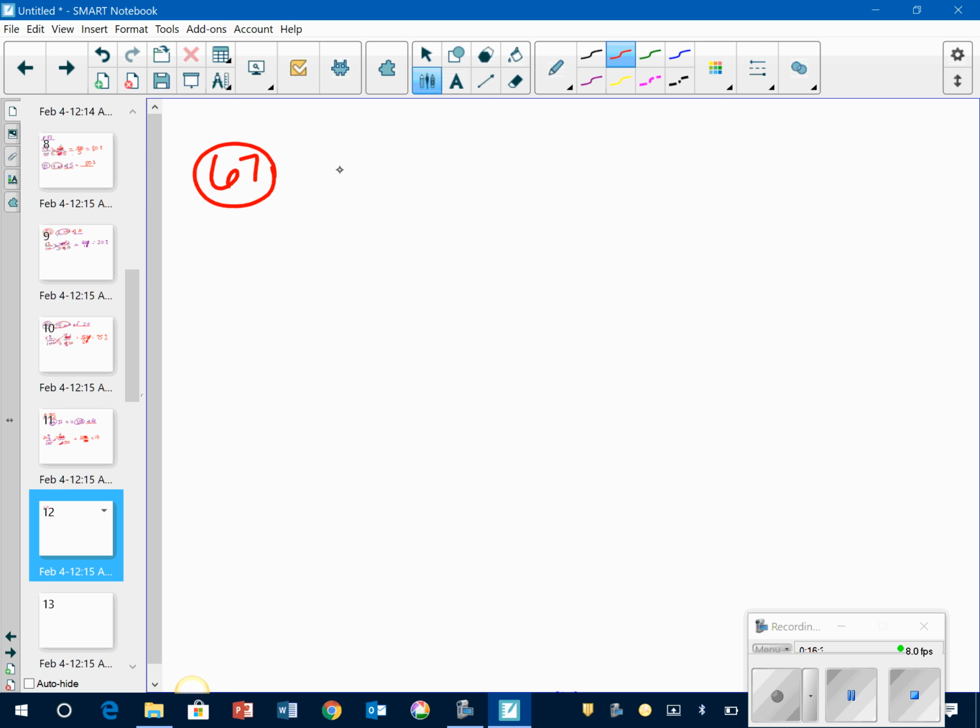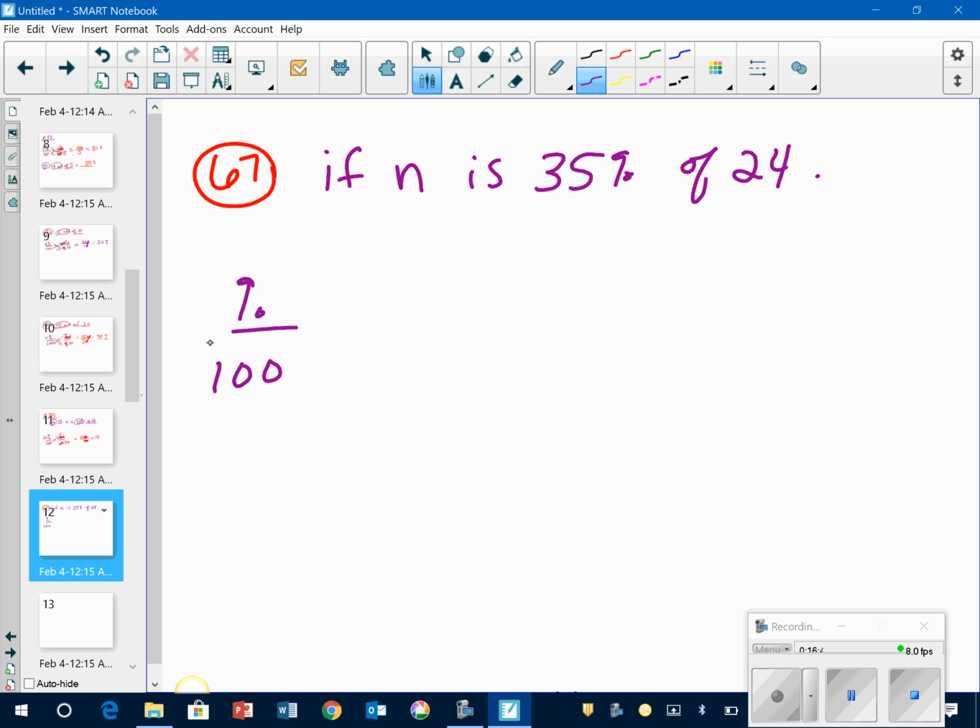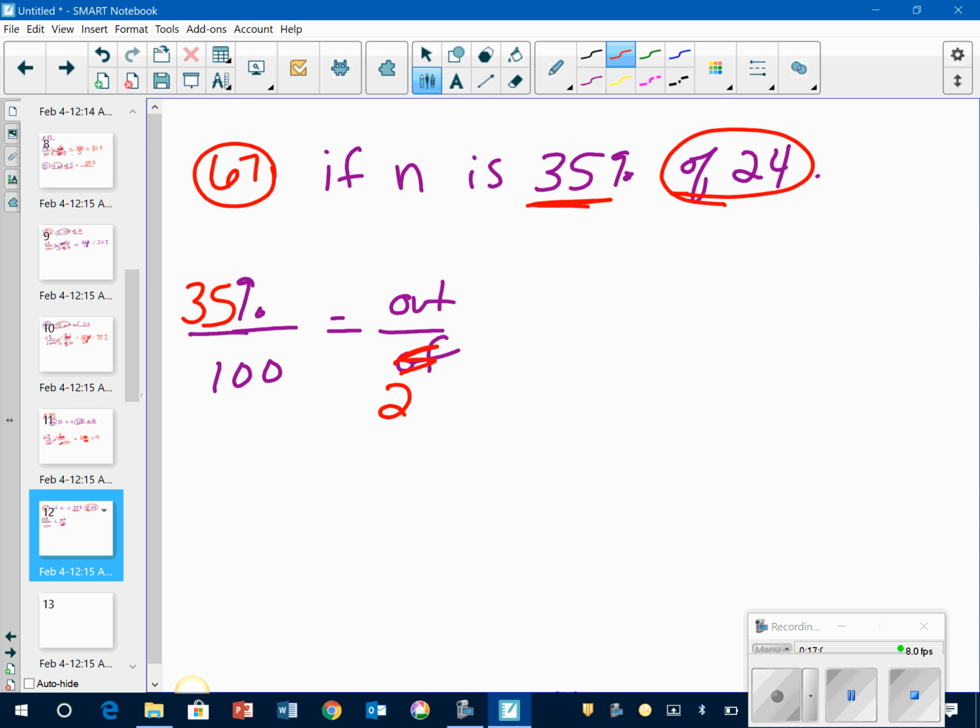Number 67: if n is 35% of 24, what does n equal? So you have percent over 100 equals out over of. We have 35%, so this goes here. Of 24 goes where the of number is.